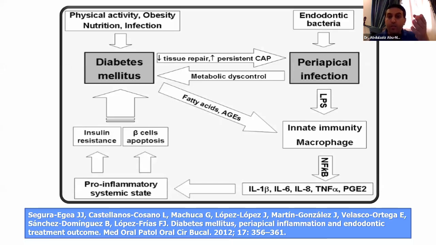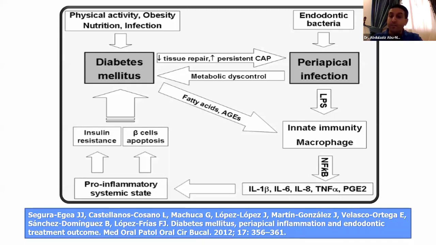It shows the interrelation between the endo bacteria or endo infection and the diabetes on the other side. We have the infection, the lipopolysaccharide, and the immune system. All of these chemical mediators are affected by the healing, which is affected by the diabetes.